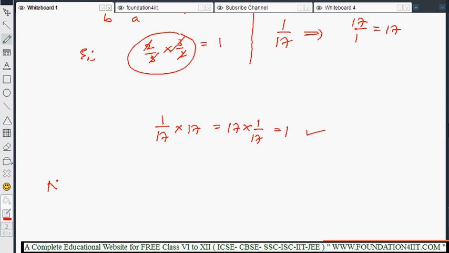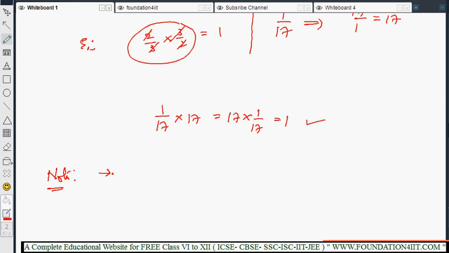Then here are some important notes. 0 has no reciprocal. That's an important point that you need to remember. Every other number has a reciprocal, but 0 has no reciprocal.